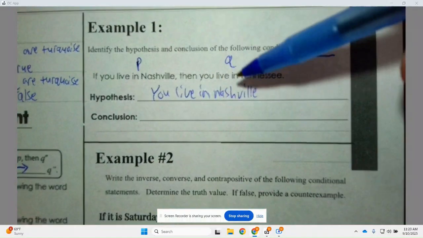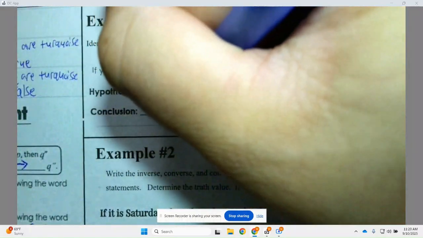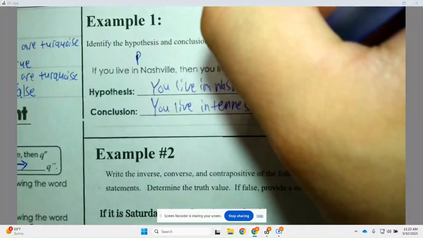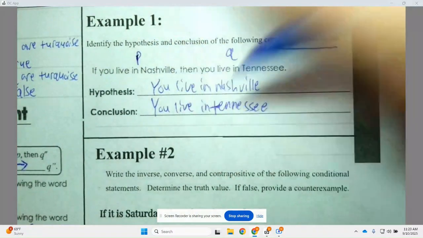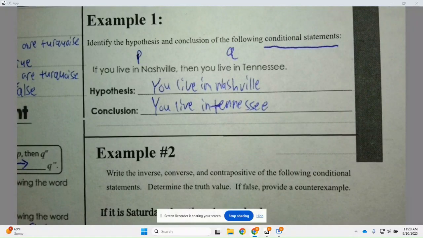And then our Q is our conclusion, right? You live in Tennessee. Okay? Simple as that. If P, then Q.